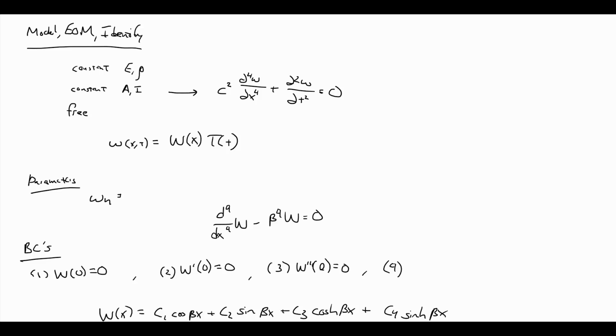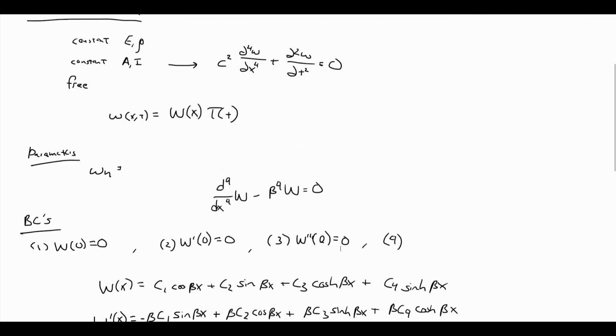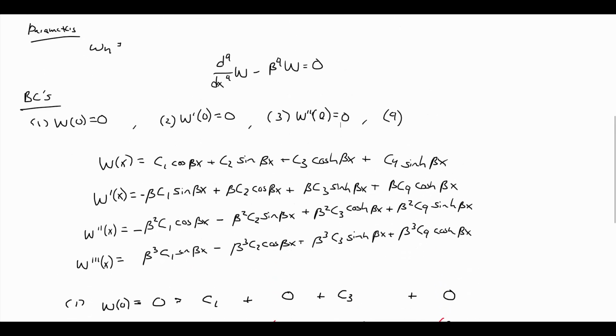But what's different is that we don't have a free end, we have a pinned end, so we cannot say that the internal normal force or the internal shear force is 0 at x equals L. But because we have a pin connection there, we can say that the vertical displacement has to be 0 at all times. So different from the previous version of this example, our fourth boundary condition is on the position: the position at L is going to be 0.